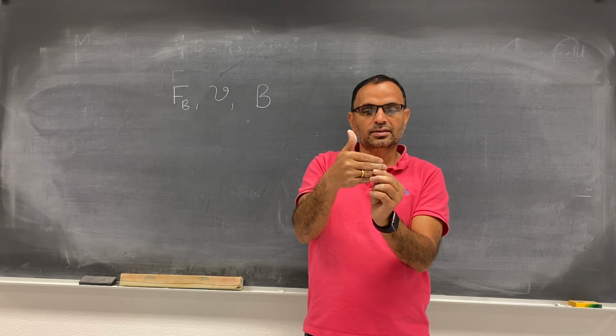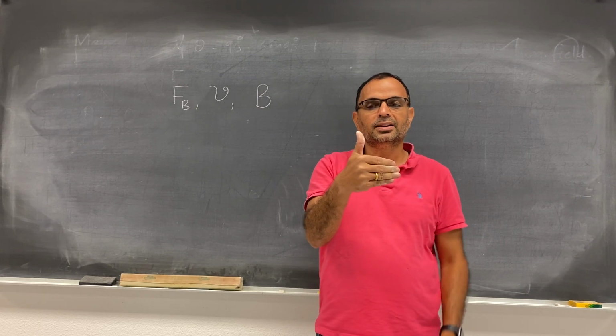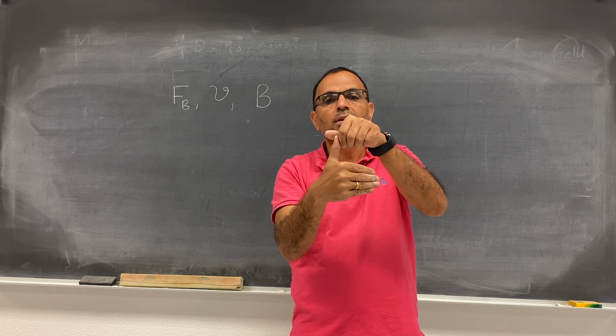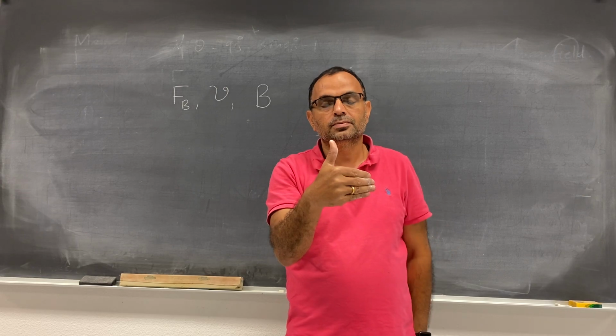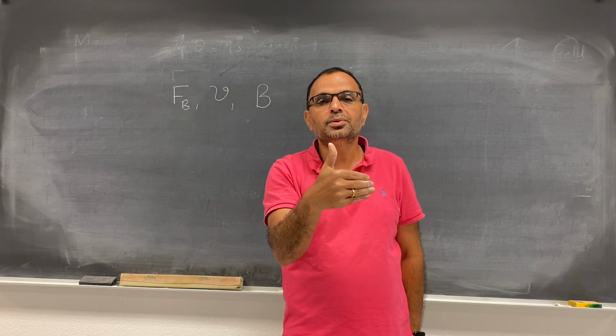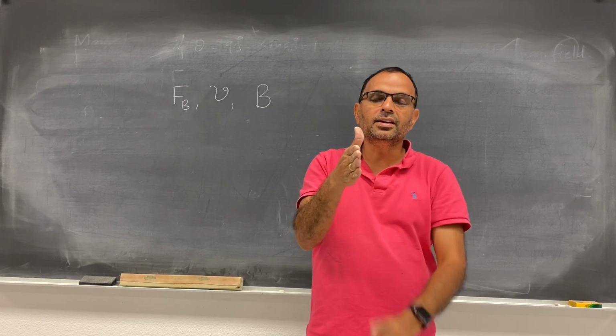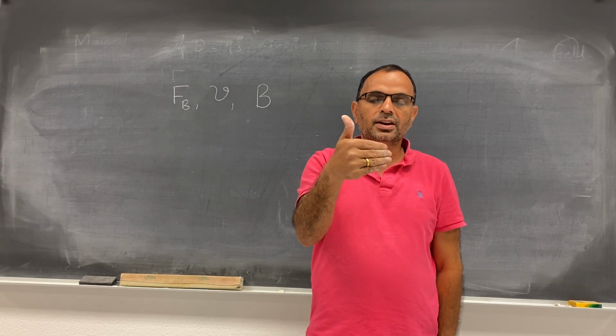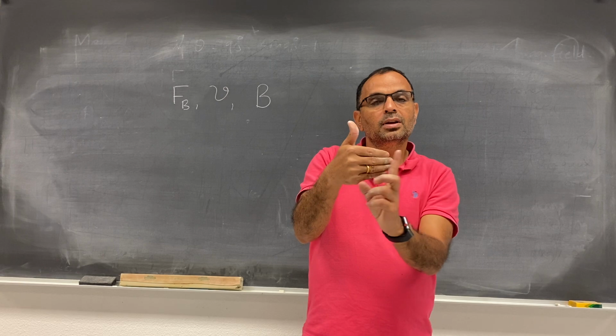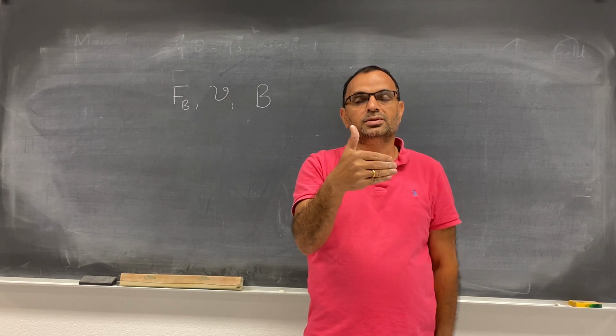And the thumb gives you the force. Look here, the straight finger is the velocity V, the curved finger is your magnetic field, and the thumb gives you the force.